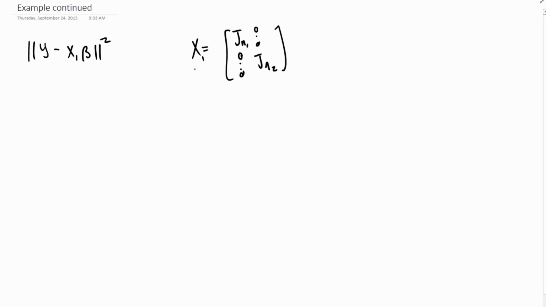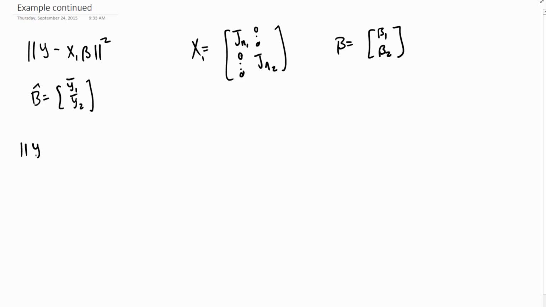Let's say x1 is like that. We have two groups of data, and we found that our beta hat works out to be y1 bar, y2 bar, where our beta is equal, in this case, to beta 1 and beta 2.